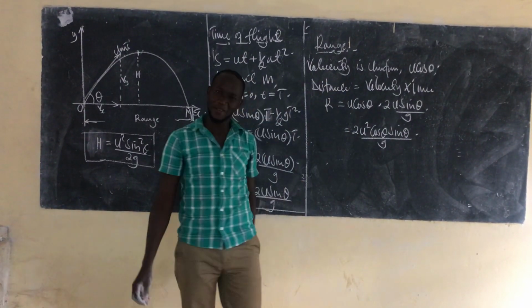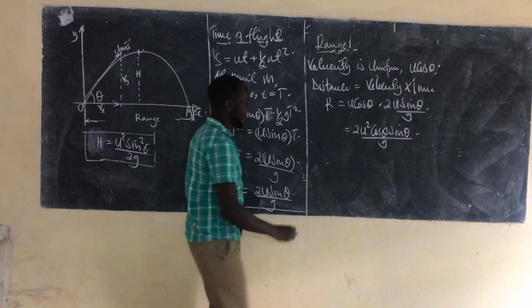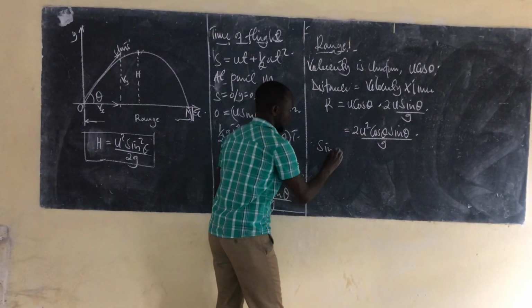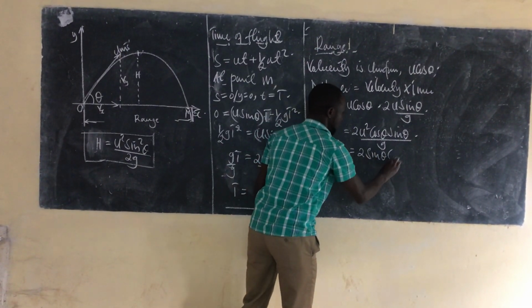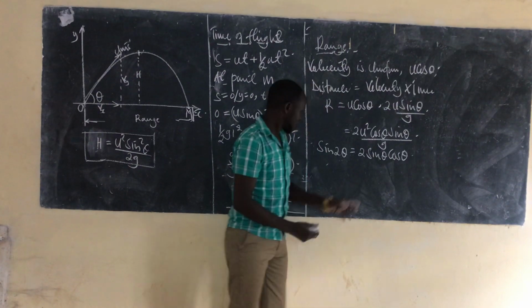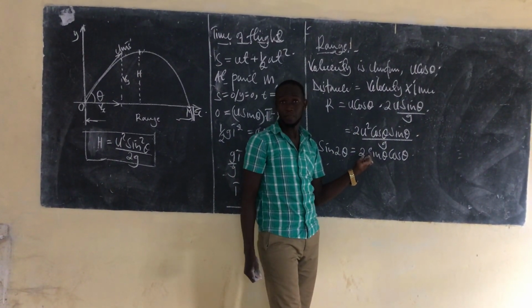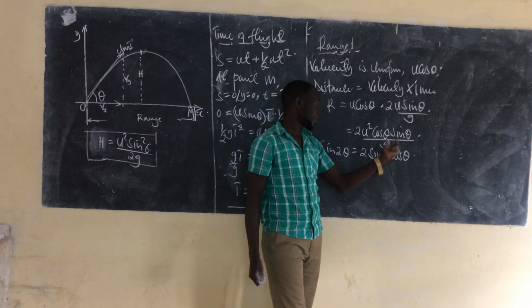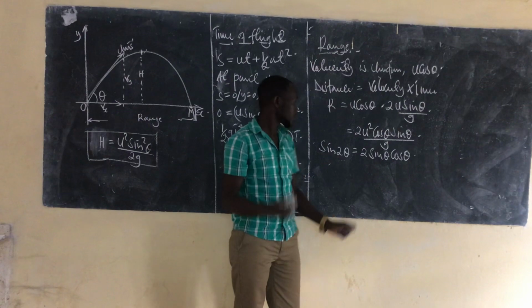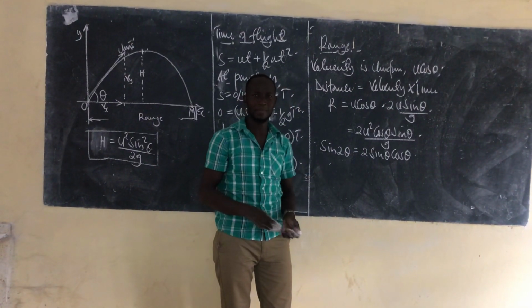From your trigonometry, particularly double angle, hope you remember that sine of 2 theta is always the same as 2 sine theta cos theta. Looking at this, turn your eyes and look at this. There is a 2 here. Remember, this is a product. There is sine theta here, then there is cos theta here. So substitute 2 cos theta sine theta with sine 2 theta to make it simpler.